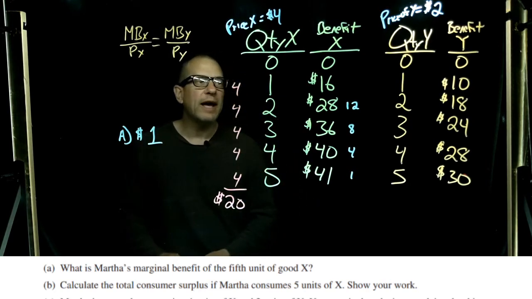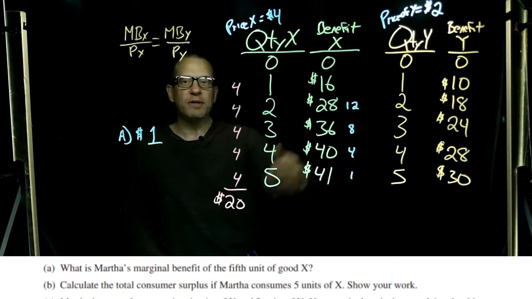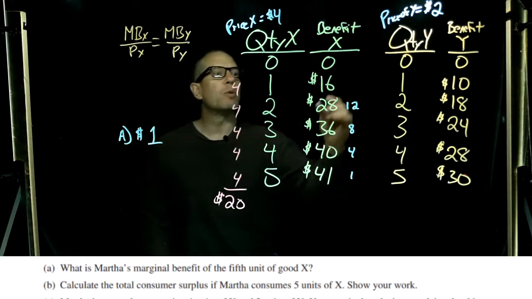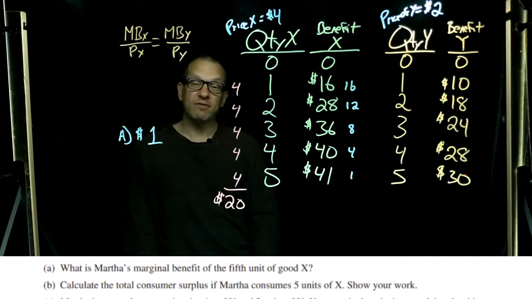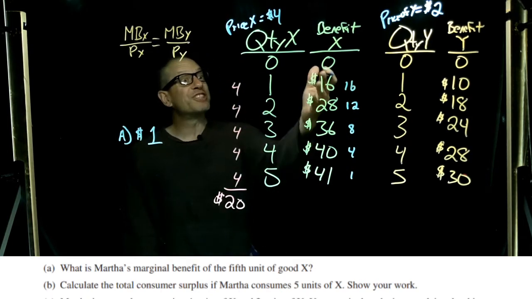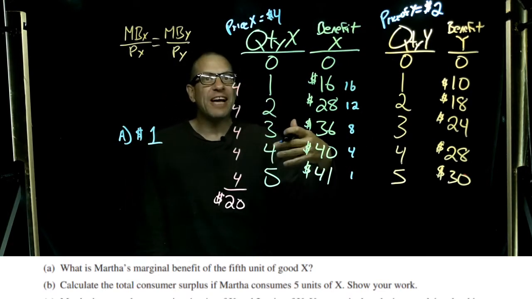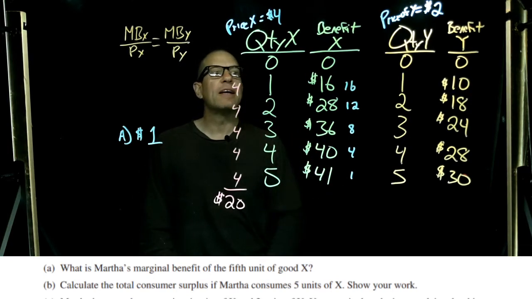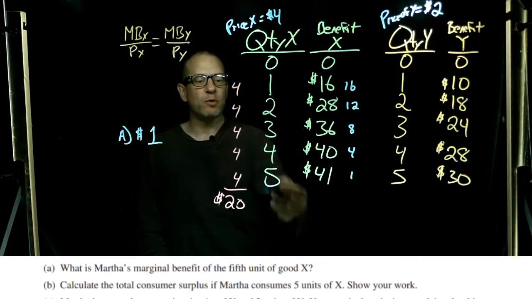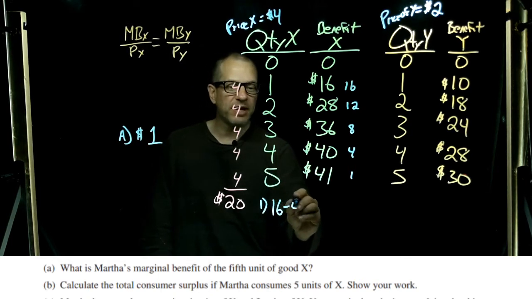We then want to look at what the benefit was from good X as she spent money to consume it. When we look at this, she got 16 out of the first one, but spent $4. So she had $12 of satisfaction left over there, 16 minus 4.